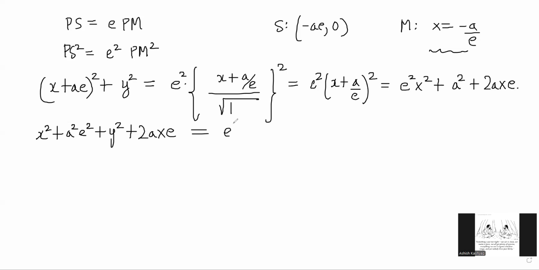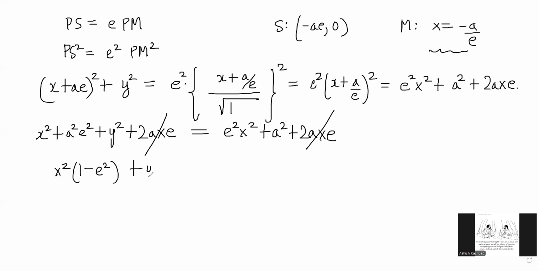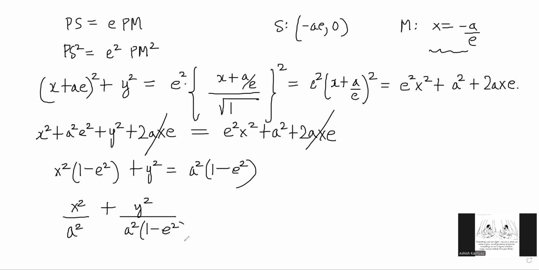So when you equate both of these, see what comes. The 2axe term gets cancelled and you have x square into (1 minus e square) plus y square is equal to a square into (1 minus e square). And if we divide by a square into (1 minus e square) on both sides, you get x square by a square plus y square by a square into (1 minus e square) is equal to 1.